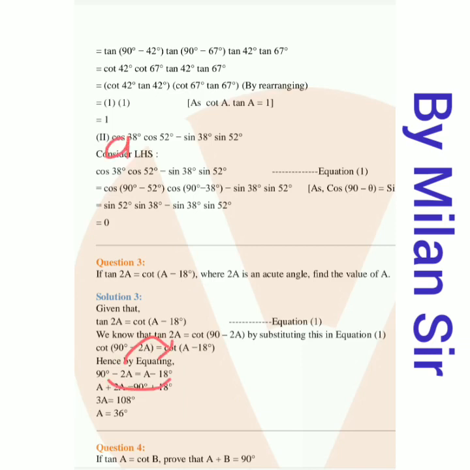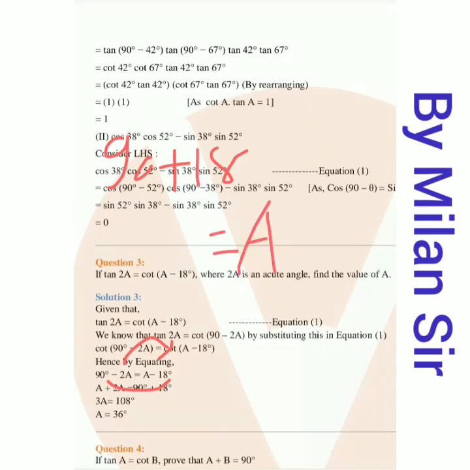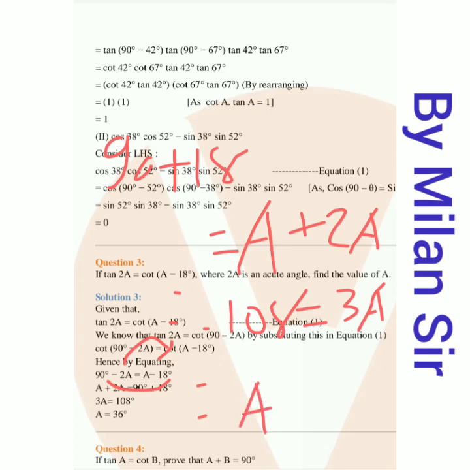So in left hand side 90 is already there. Now minus 18 comes to the left hand side, so it becomes plus 18. And in right hand side a is there. If we transfer minus 2a to the right hand side, it becomes plus 2a. So in left hand side 90 plus 18, it is 108, and in right hand side 2a plus 1a, it's 3a.